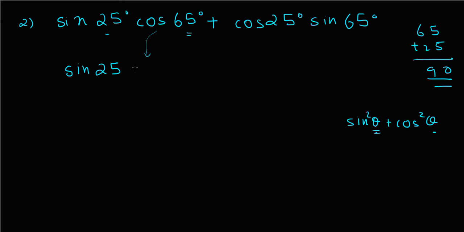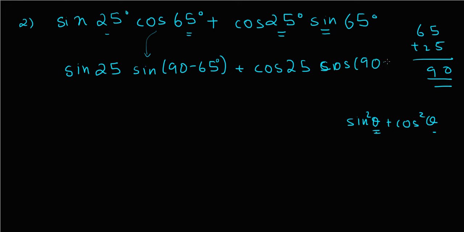So this complementary would be sine 90 minus 65 degrees. Plus, as I said, I'll keep all angles to 25. You can try it out with 65. So cos 25, and this sine is cos 90 minus 65 degrees. So this is sine 25 degrees. Sine 90 minus 65 would become sine 25 degrees. That dot here is product.